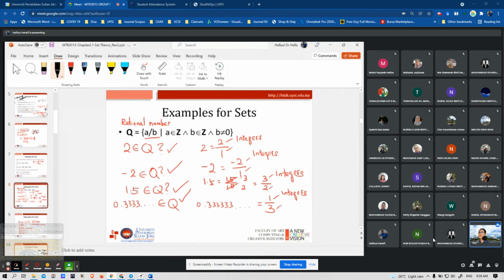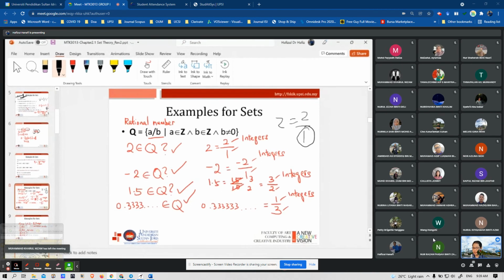If, for example, here we have rational numbers, where A is a member of Z and B is a member of Z, and B is not equal to 0. How about 2? Is it a member of Q? Yes, because 2 equals 2 divided by 1, and this one is not 0.